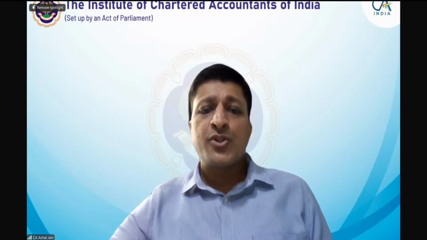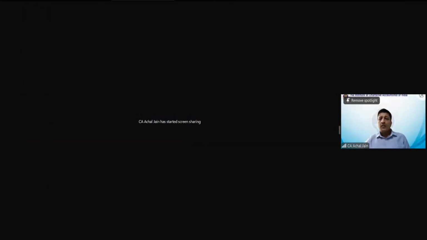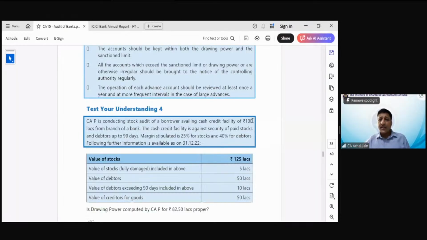Okay. So in this question, the bank is giving a cash credit facility, and for giving this loan, the bank has asked the customer for two types of securities. One is paid stock. Why is paid stock considered?